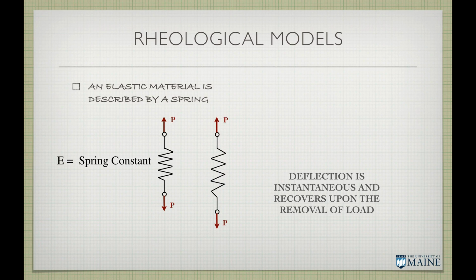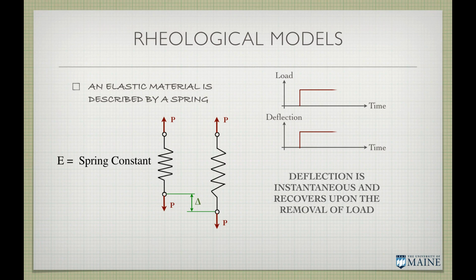All right, we apply a load, it elongates a certain deflection, load constant, no change in deflection, then remove the load. Or your boundary condition could be deflection, and you would have a load required to create that deflection, and it's going to look the same. That deflection is delta.